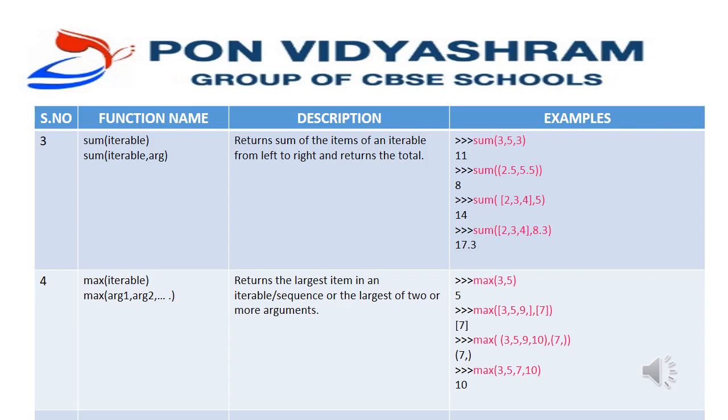The first variable of this list is 3, and the first variable of the next list is 7. It compares 3 and 7, and the maximum value is 7. So that will be returned. In that output we can see the square brackets because both the arguments are in the form of a list, so the output is also in the form of a list.